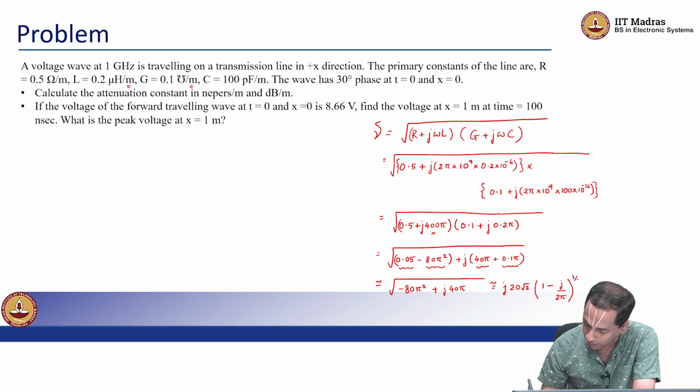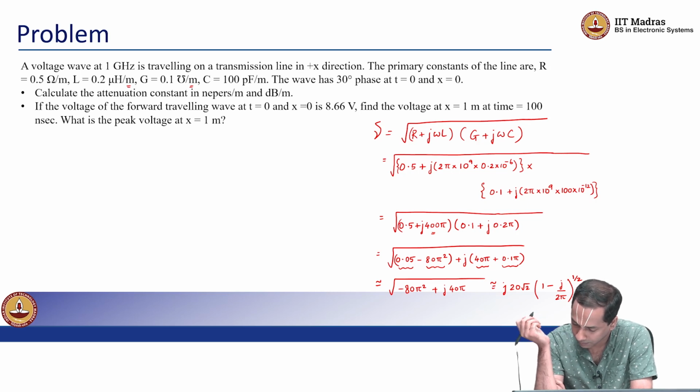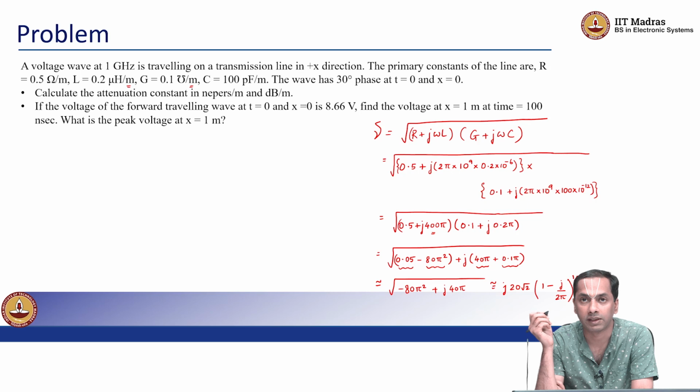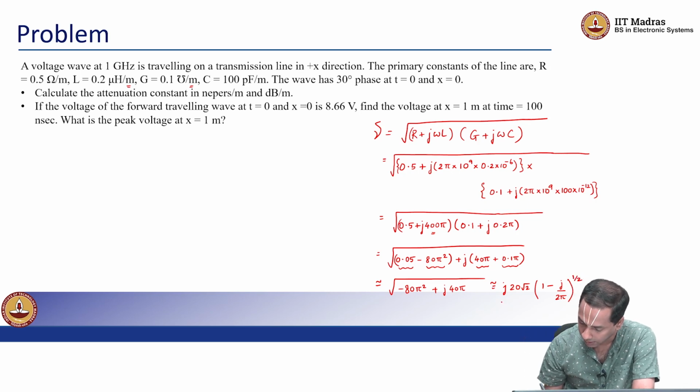Whole to the power of half. Okay, if I were to use the 1 plus x to the k as 1 plus kx approximation, I can actually get this close to 1 minus j by 4 pi.